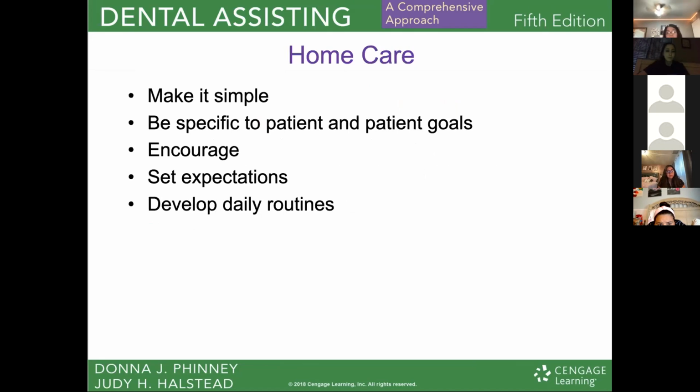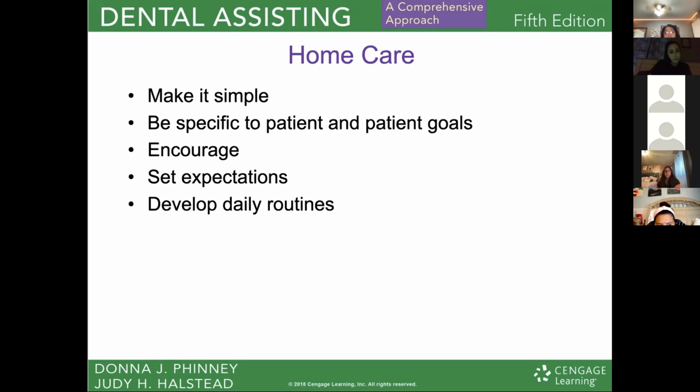So with home care, you want to make it simple. You want to be specific to the patient and their goals. Encourage them, set expectations, and develop daily routines. So the easier it is to achieve, the more compliant patients will be. Tailor ideas for creating a daily routine to the individual patient's goals. So if you want to get them to floss regularly, have them tie it to something that they do every day.